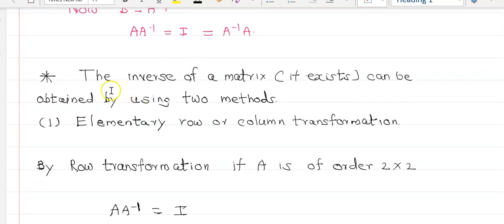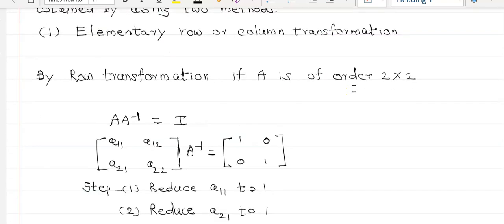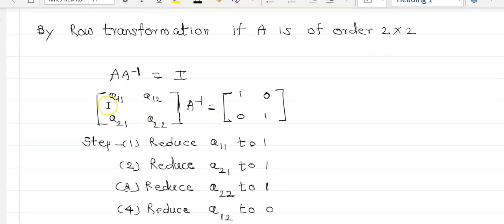Now see this here, the inverse of a matrix, if it exists, can be obtained by using two methods. The first is elementary row or column transformation. Suppose by the row transformation, A is of order 2 by 2, and A into A inverse equals I. The elements of A are A11, first row first column, A12, first row second column, A21, second row first column, and A22, second row second column.